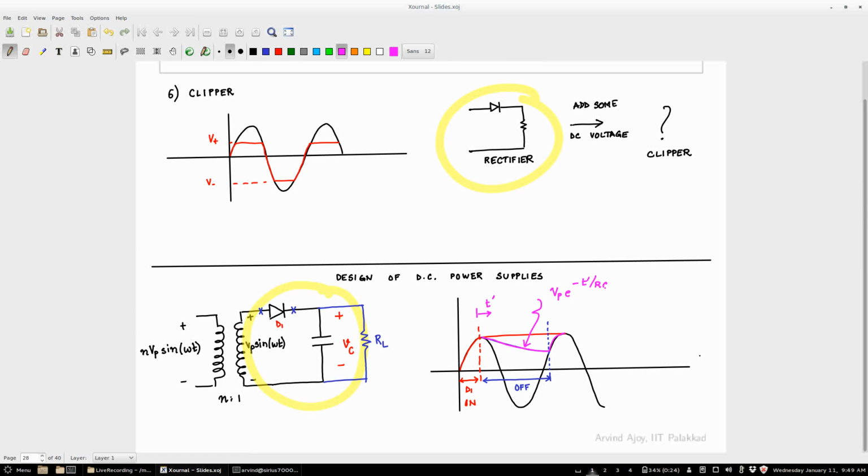Say this is Vp and I am going to measure the time from here. This is T prime, measured from the peak. So this will be Vp e power minus T prime by RC, correct?